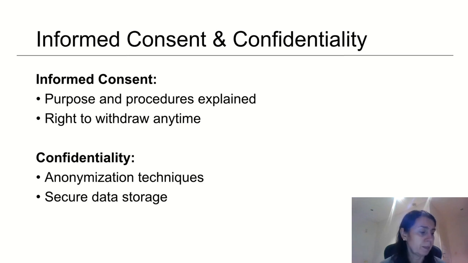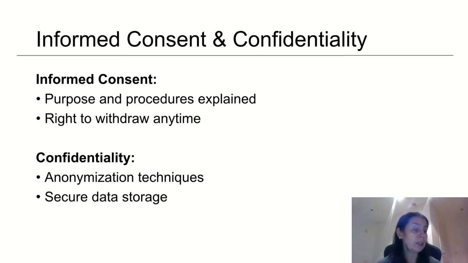Very important. The second key principle is confidentiality. So the researchers have to protect the confidentiality and the privacy of the participants in their research project. For this, the data has to be anonymized.